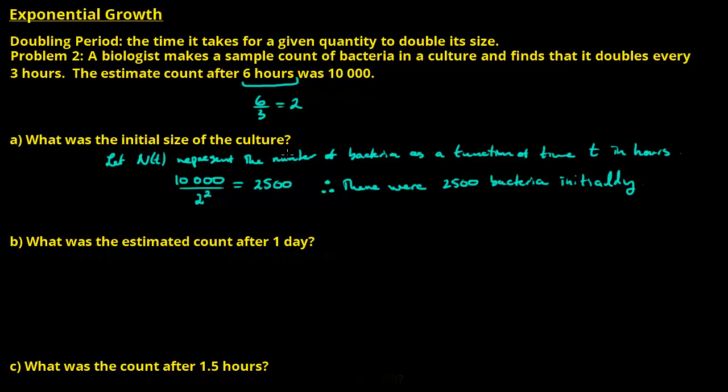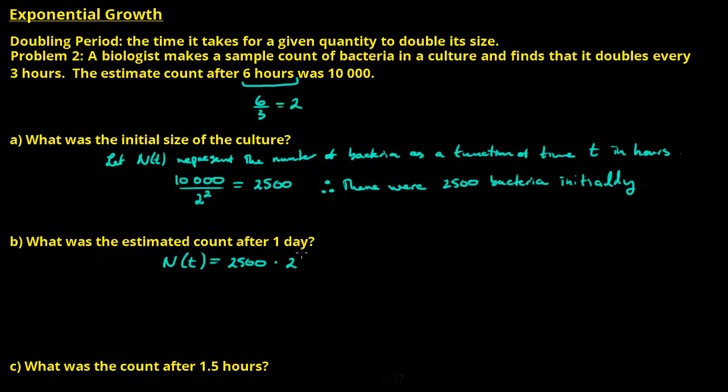Here n of t represents the number of bacteria as a function of time in t hours. I know that I'm going to multiply the initial amount, which was 2,500, by 2 every time the bacteria doubles. So we have to figure out how to represent this in terms of t.